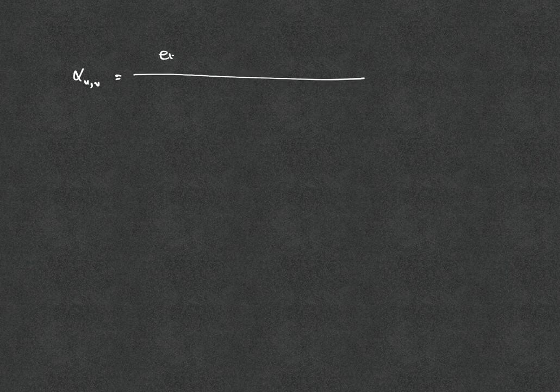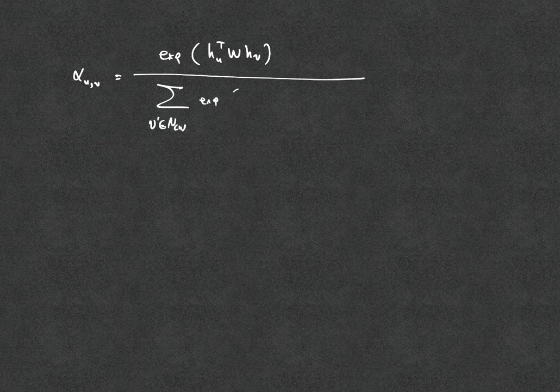Another variant of these attentions is the bilinear attention model, in which you define the alpha between u and v to be, again, some sort of a softmax. This time you have a bilinear product between the two. And again, you have the softmax form applied.